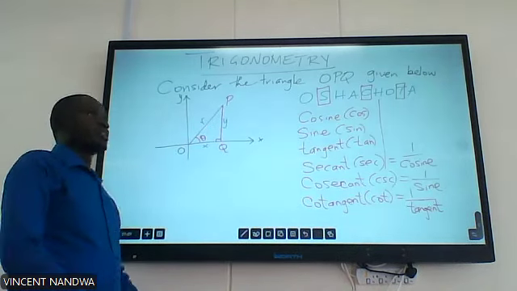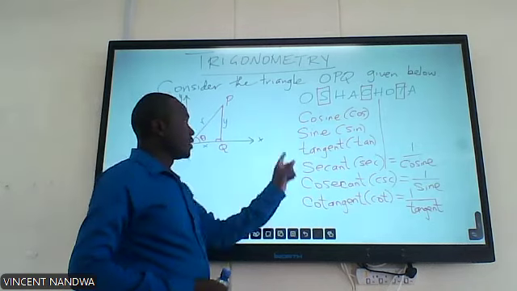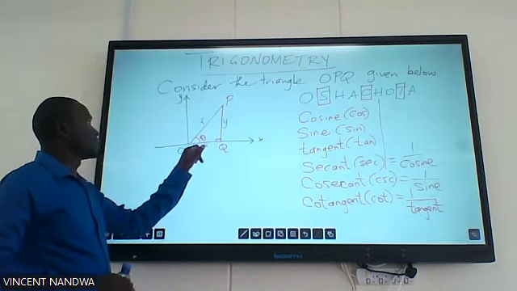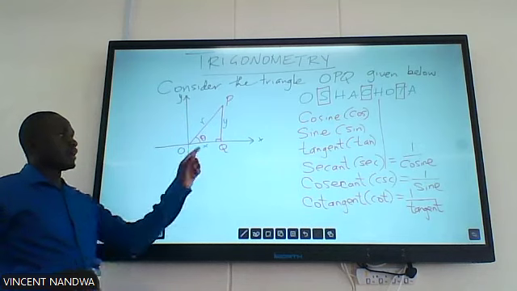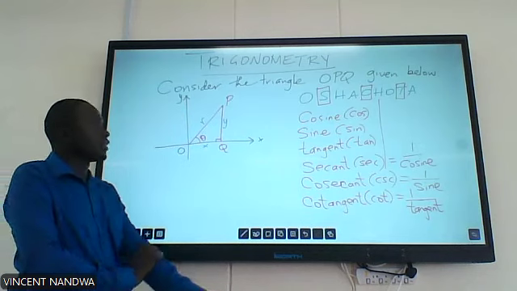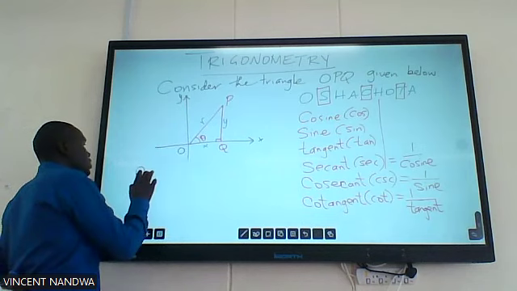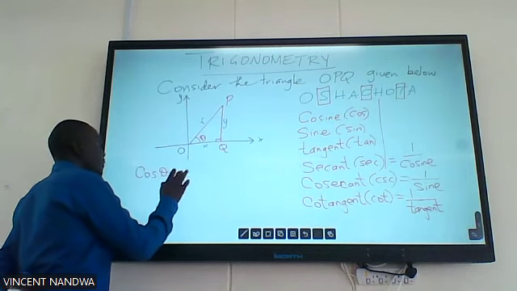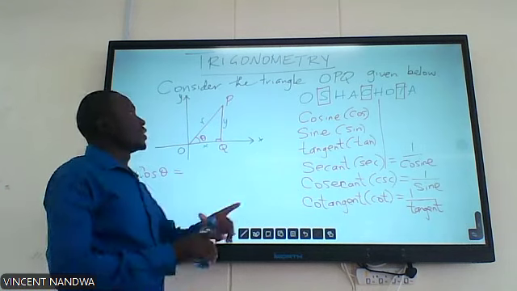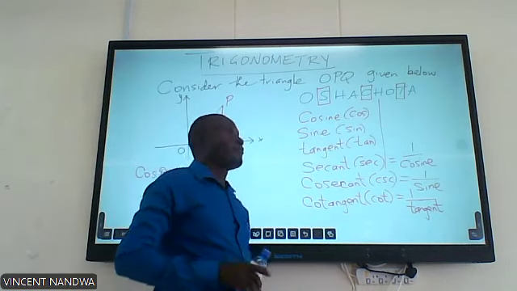So now from SOHCAHTOA, we can actually define, with respect to this angle theta, these six trigonometric functions. So cos theta. Cosine is adjacent over hypotenuse.